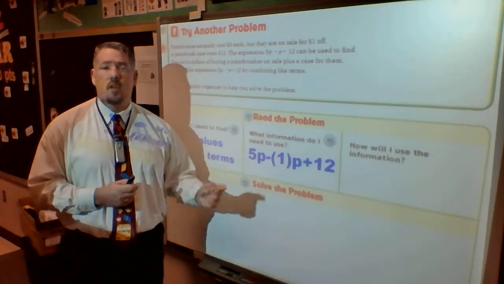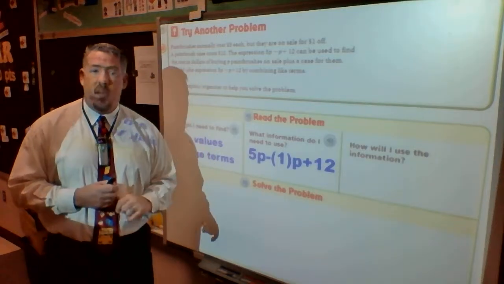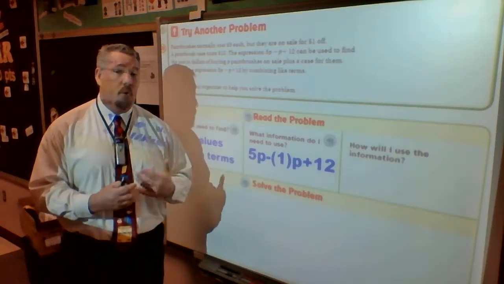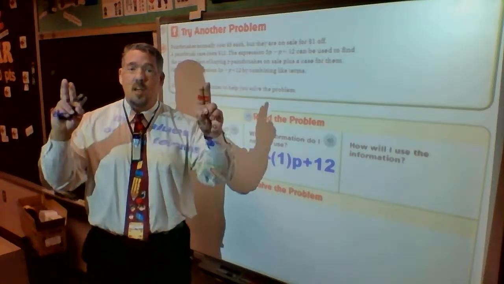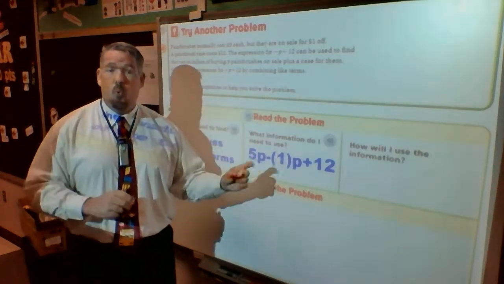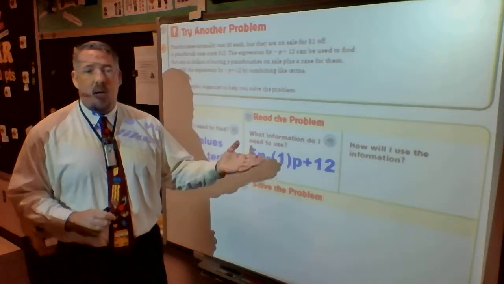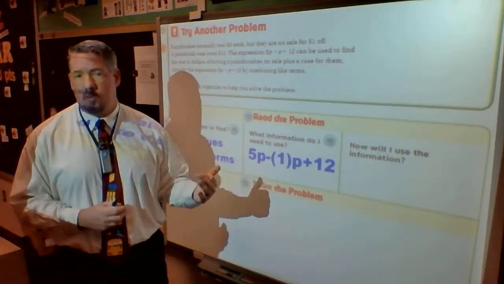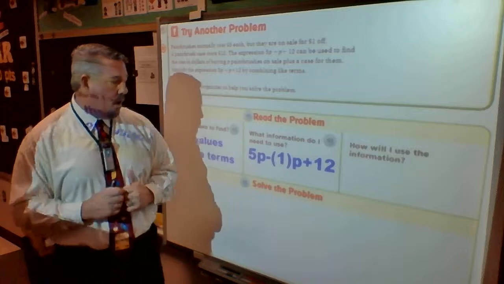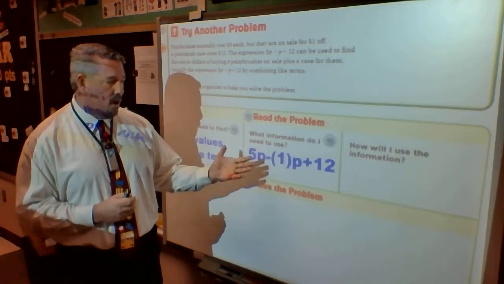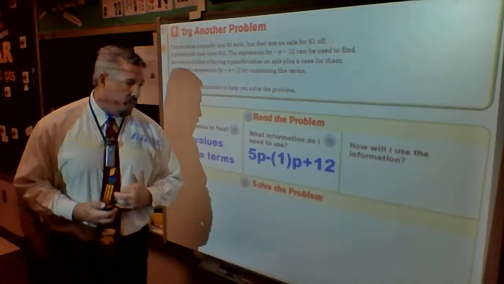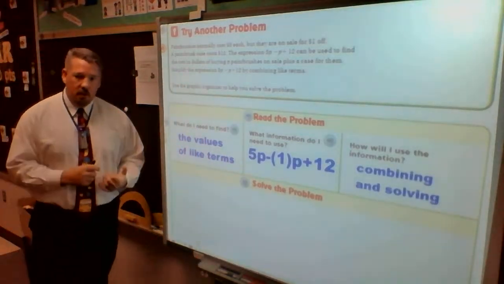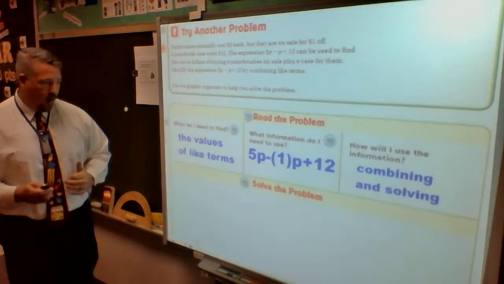What the p represents is the fact that we're taking $1 off per paintbrush, and that's what we call in mathematics an understood 1. The letter by itself, I know that I could be multiplying it by 1, and that really doesn't change it, as long as I can combine my terms. Plus 12. And how will I use the information? I'm going to combine them in order to solve for it.